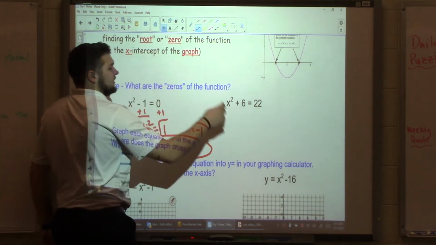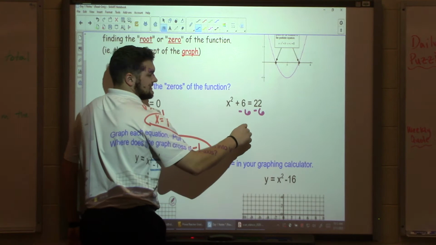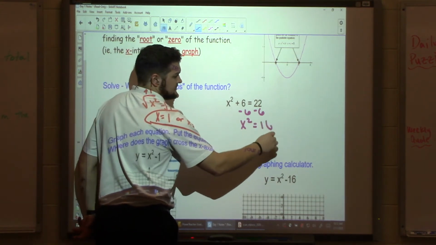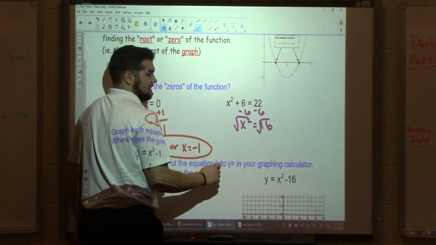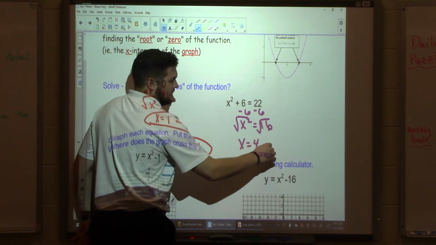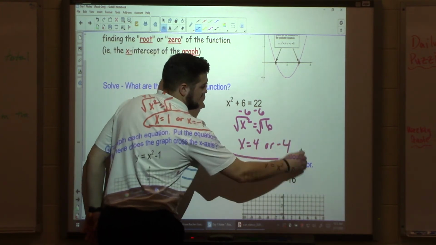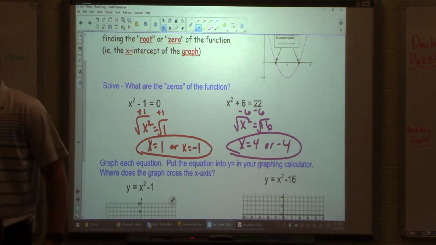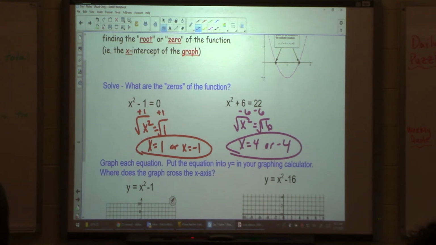Same thing. Subtract 6. X squared equals 16. Square root. X equals 4 or negative 4. You can write positive, negative 4 if you want, or you can separate them into two separate answers. I don't care as long as you have both answers. Okay? Any questions?